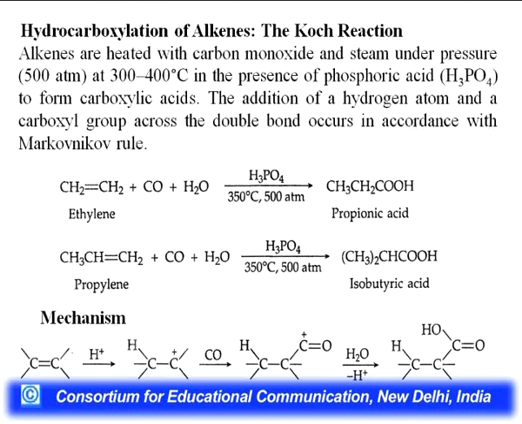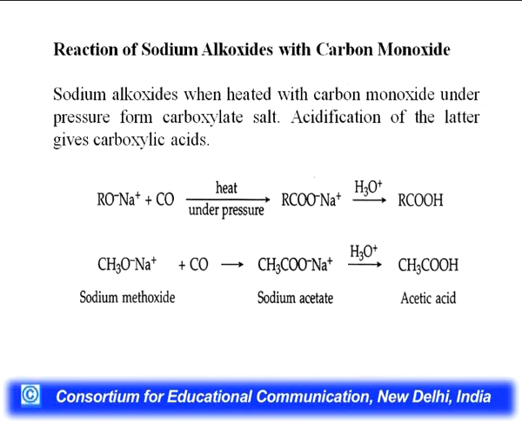You can see how the mechanism proceeds. First of all, a proton adds to the carbon, then carbon monoxide adds, and after hydrolysis you will get the carboxylic group. Next is the reaction of sodium alkoxide with carbon monoxide. What are sodium alkoxides?